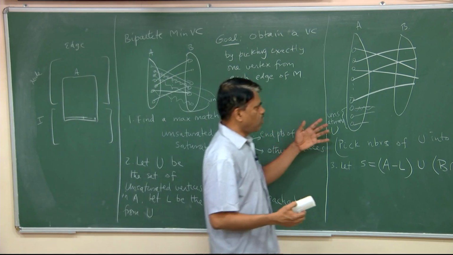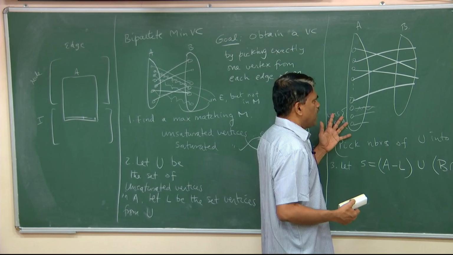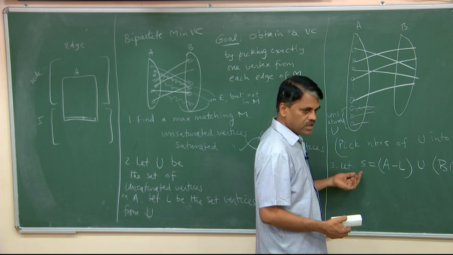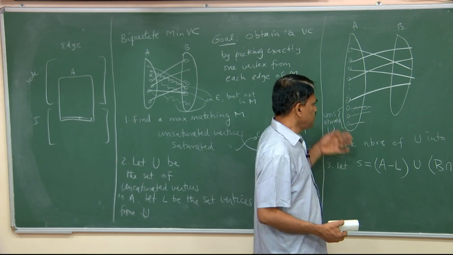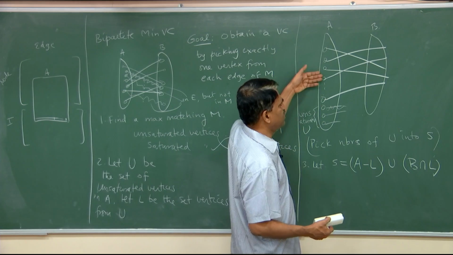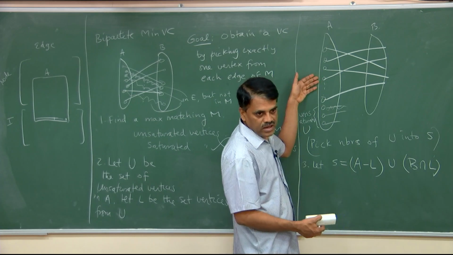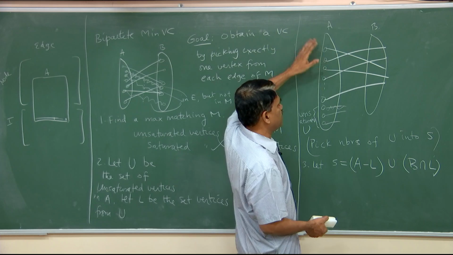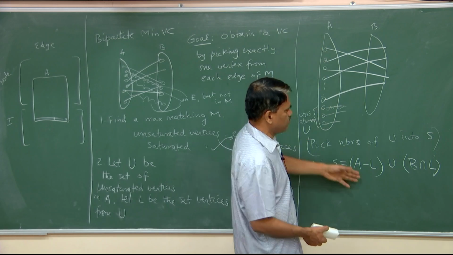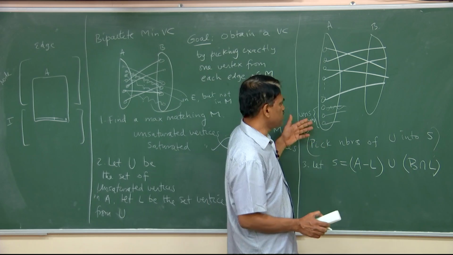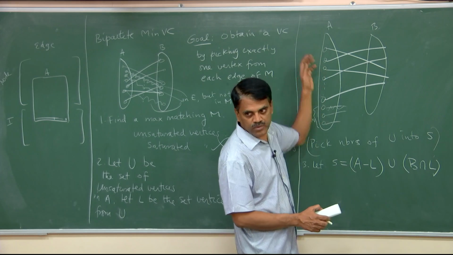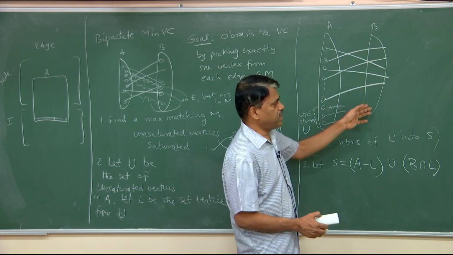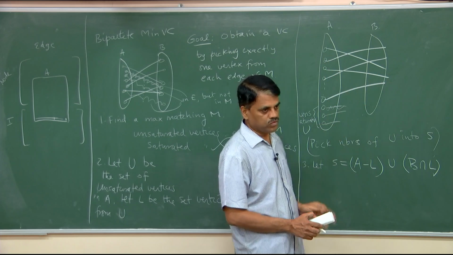Which means for all vertices in U, anything reachable on this side, I'm going to pick in S. Anything reachable from U on the A side, I'm not going to pick, that's L. From A, I'm going to pick the remaining vertices. Anything not reachable from U is what I'm going to pick in A, and in B, I'm going to pick anything reachable from U. Okay.